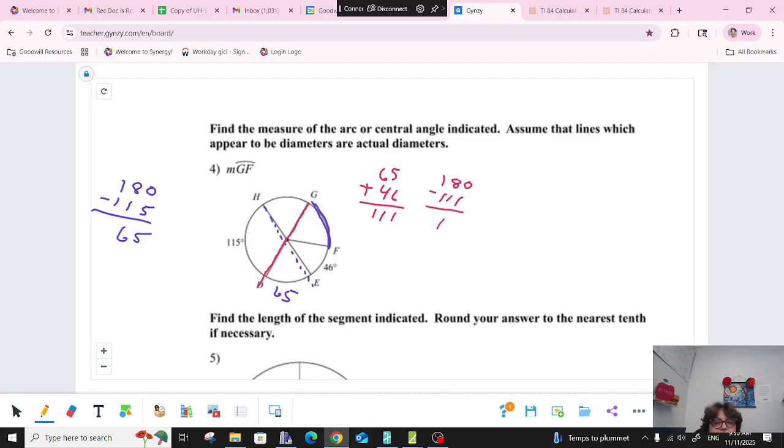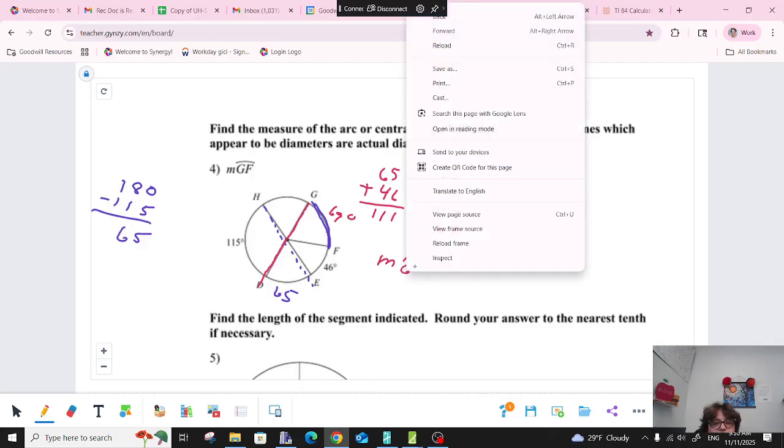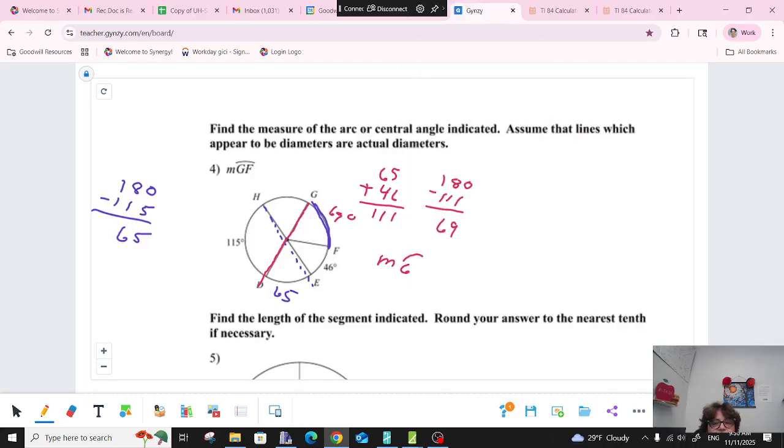And what is that, 69? This would actually equal 69 then. So the measure of arc GF is equal to 69 degrees.